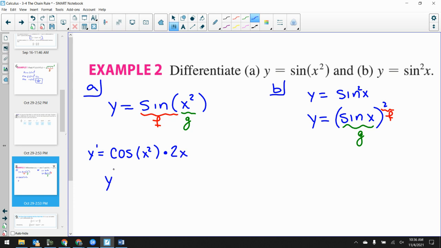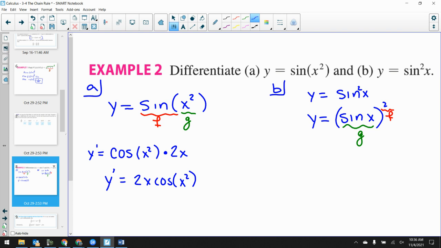So reducing it down, y prime is equal to 2x cosine of x squared. And that doesn't reduce. Let me just double check. No weird identities or anything. No, not in that one. Okay, let's look at part B now.